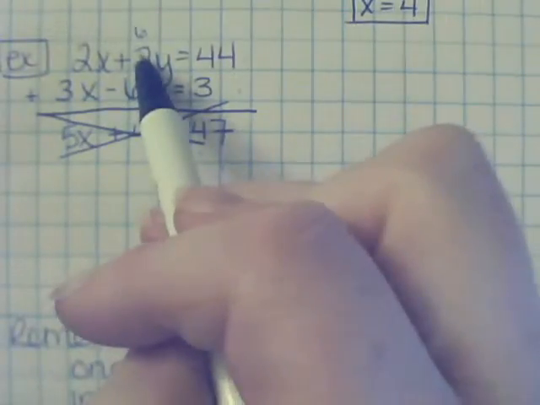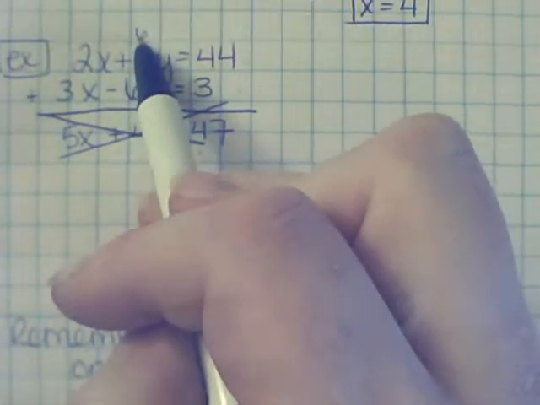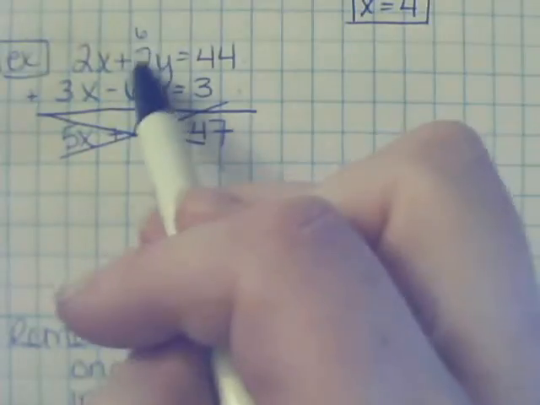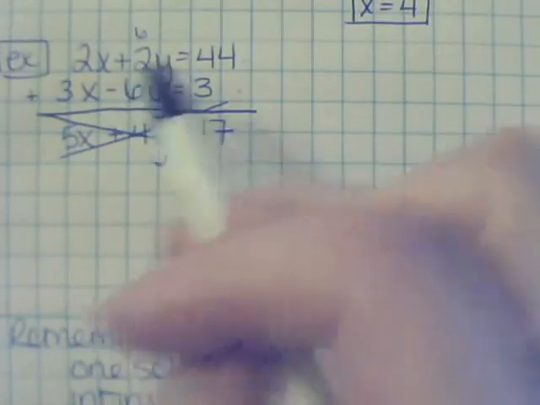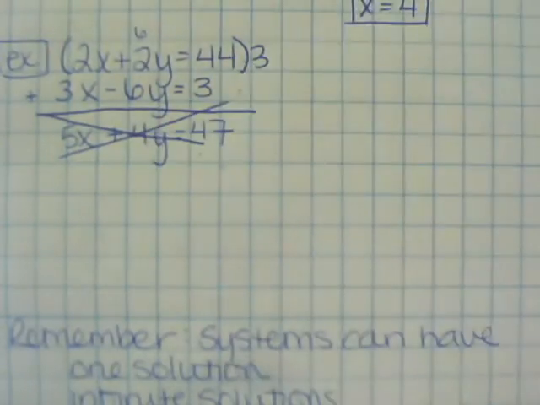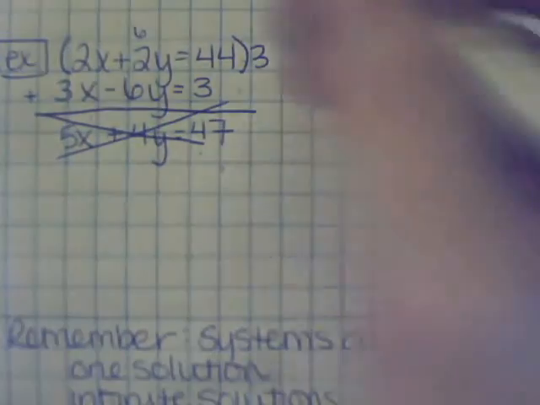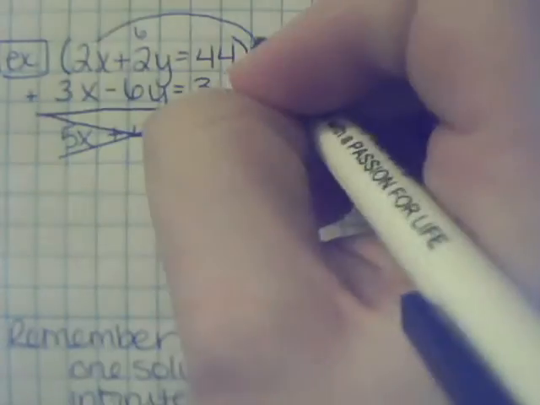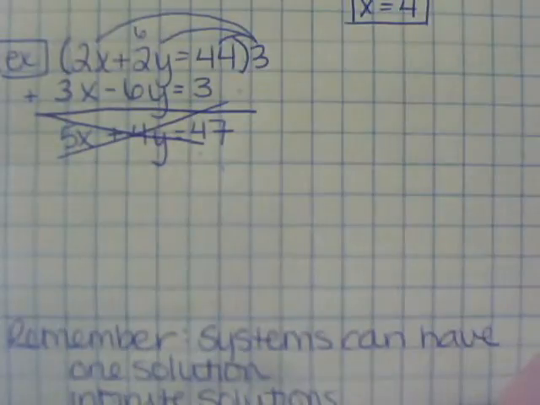How can I turn that into a 6 in a way that's legal? I can't erase the 2 and write a 6 there, but I can multiply the top equation by 3. And as long as I multiply everything in the equation by 3, equality will still be maintained.